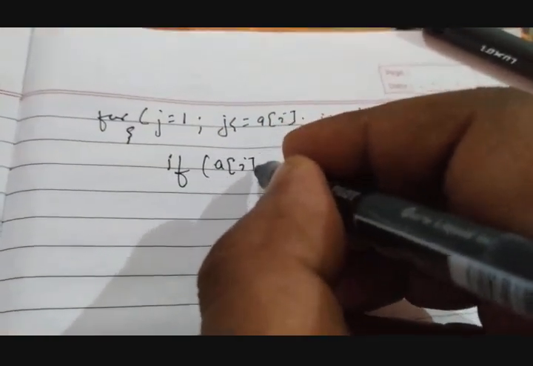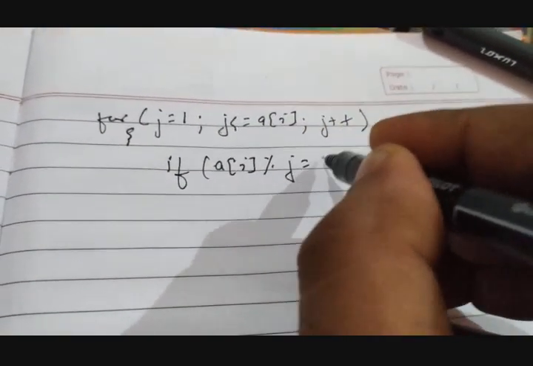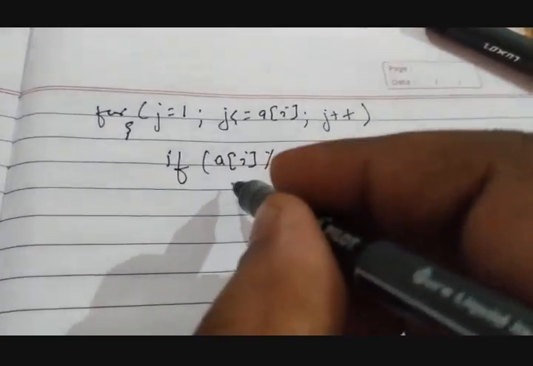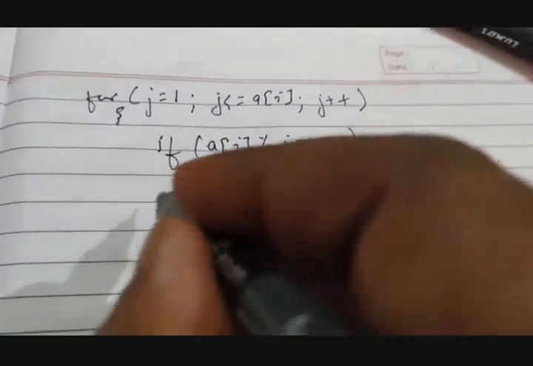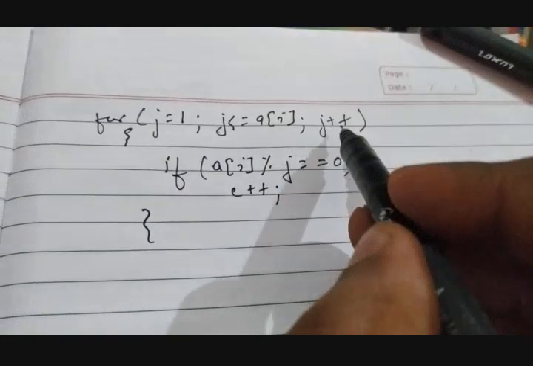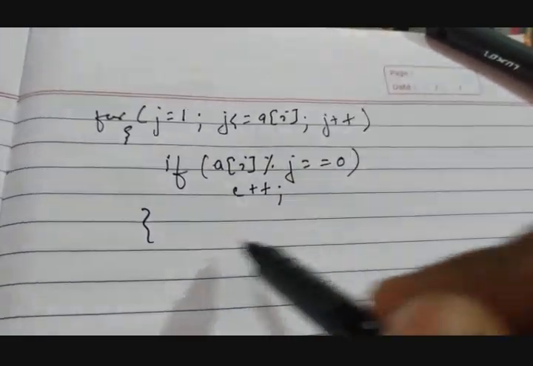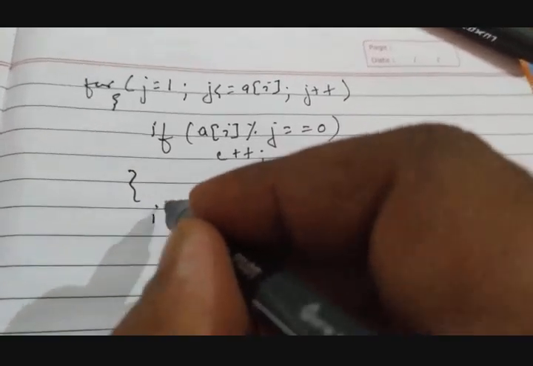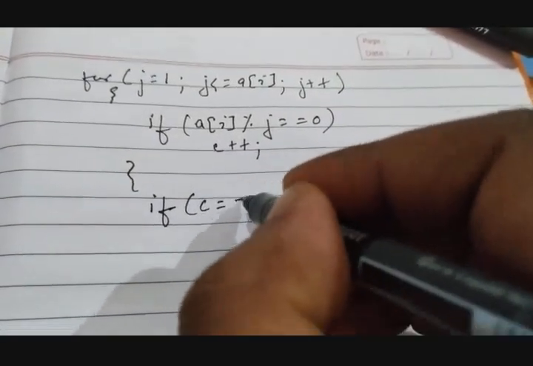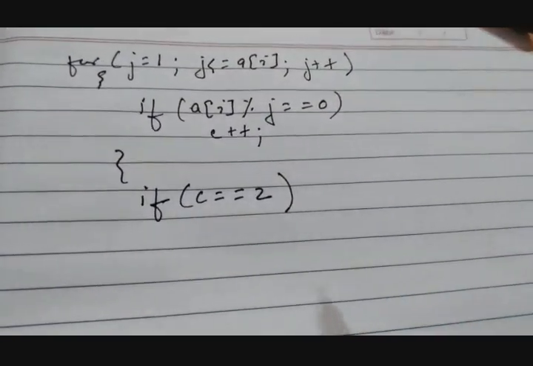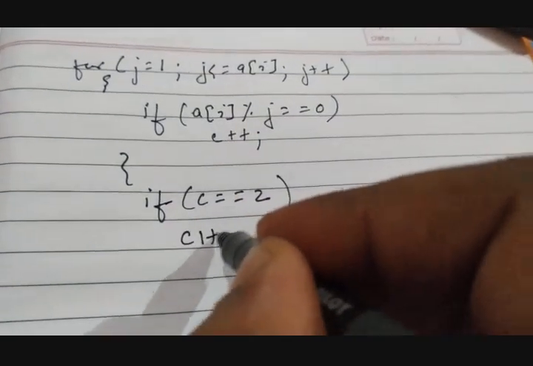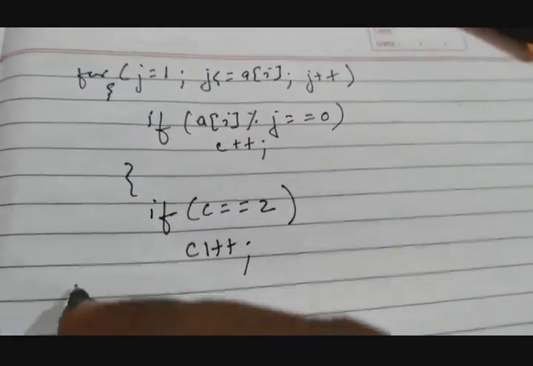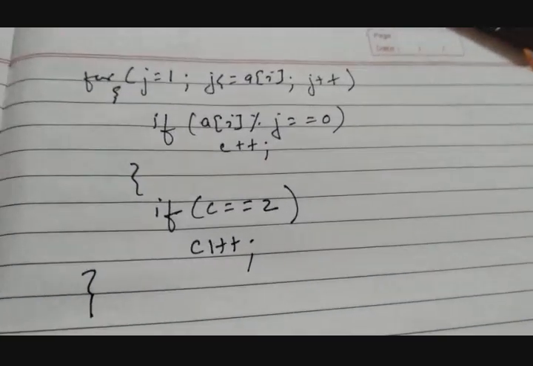If a of i mod j equals 0, then c plus plus. So this loop was there to count the number of factors. You have counted the number of factors. When a number is prime, it has 2 factors, so if c equals 2, then c1 plus plus, and close the outer loop now.